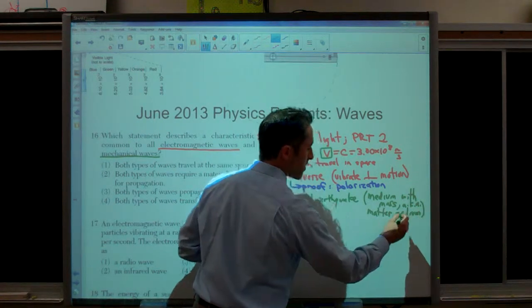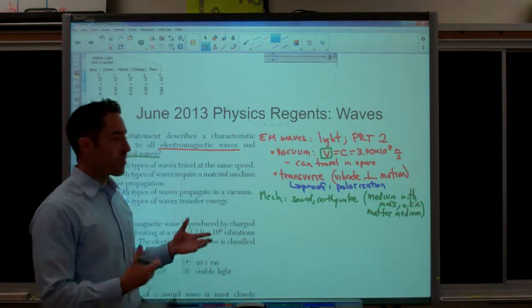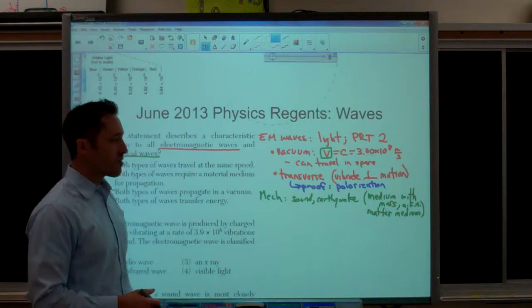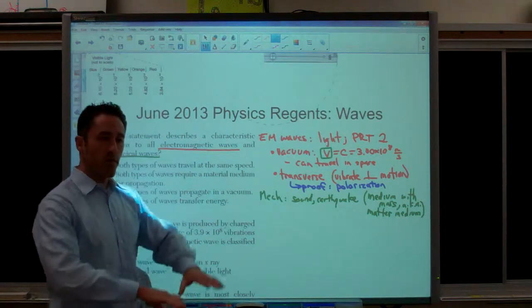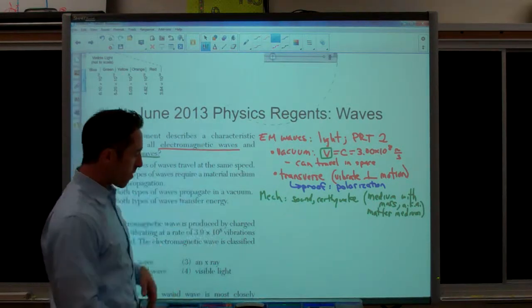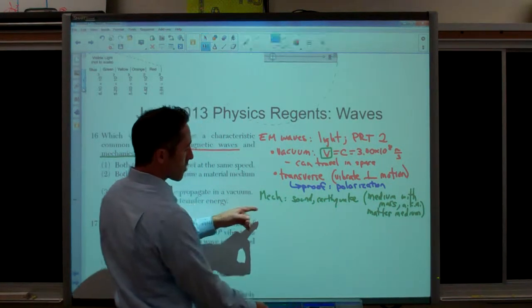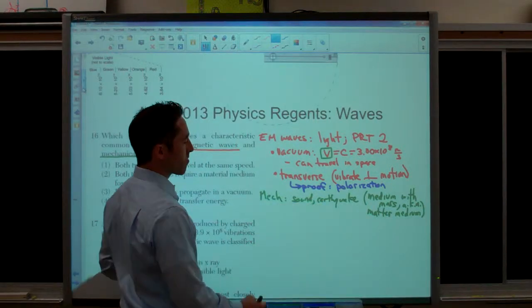Now what's this word medium? The word medium is actually the thing that the wave travels through. Do electromagnetic waves travel through a medium? Yes, the medium is the electromagnetic field, an invisible ocean in the universe. We'll worry about that some other time. Okay, so mechanical waves require this mass medium.